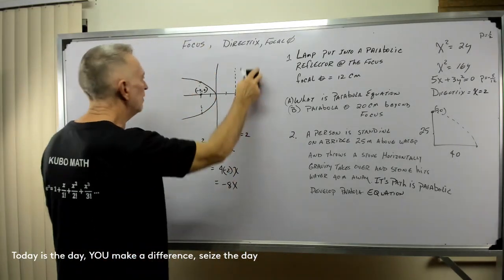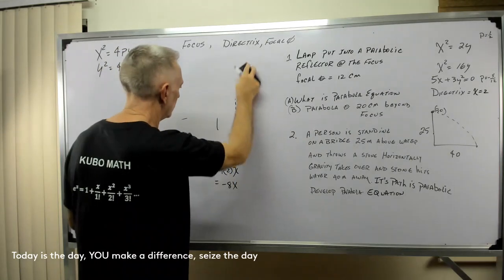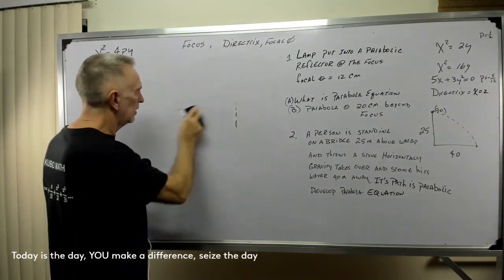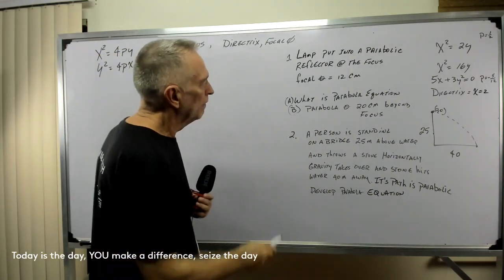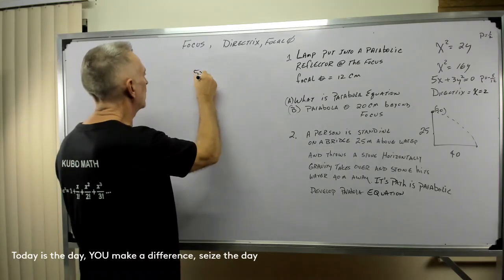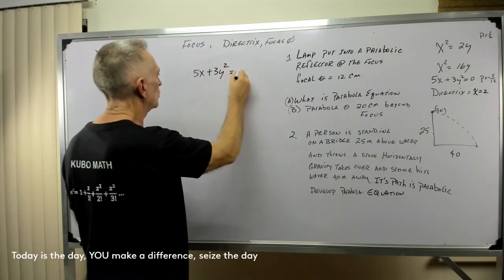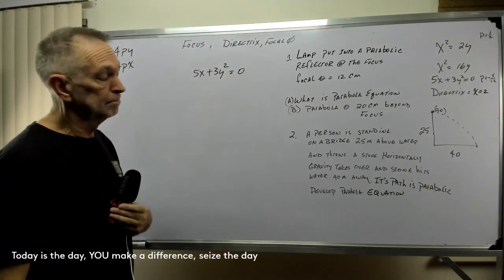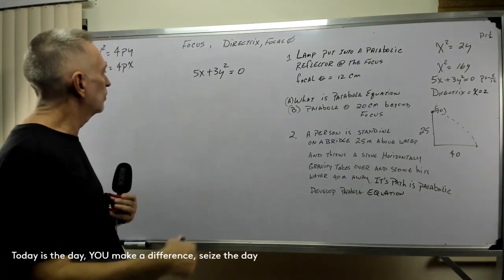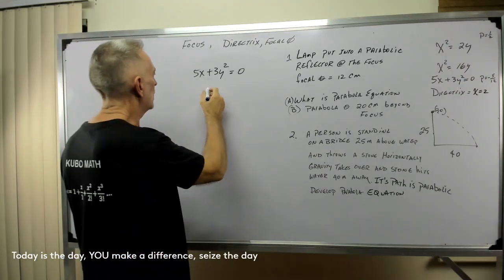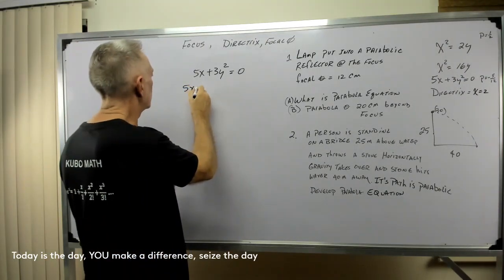Okay, what if we have a full-blown equation here? What do we do about that? What if we have 5x plus 3y squared equals 0? Well, just solve it for y squared.